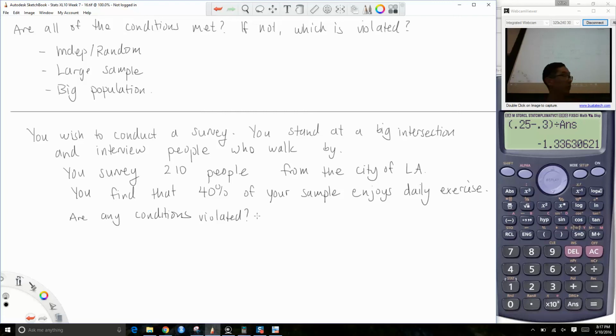Go ahead and think about that for a little bit. Decide if any of these conditions are violated. All right, in our case, what's the population? Los Angeles.